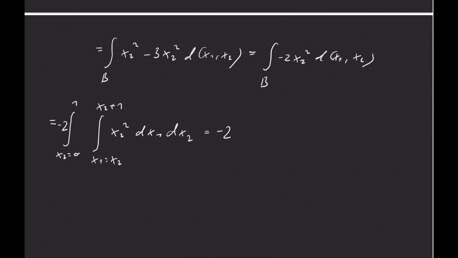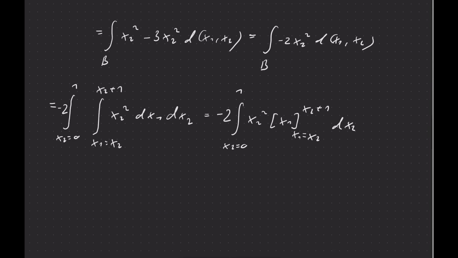So now we have minus 2. We'll evaluate the inner integral first, so let's copy the outer integral here. We need to integrate with respect to x1. There is no x1 yet in that expression, so we have x2 squared times x1, and our boundaries here are x2 and x2 plus 1, dx2.